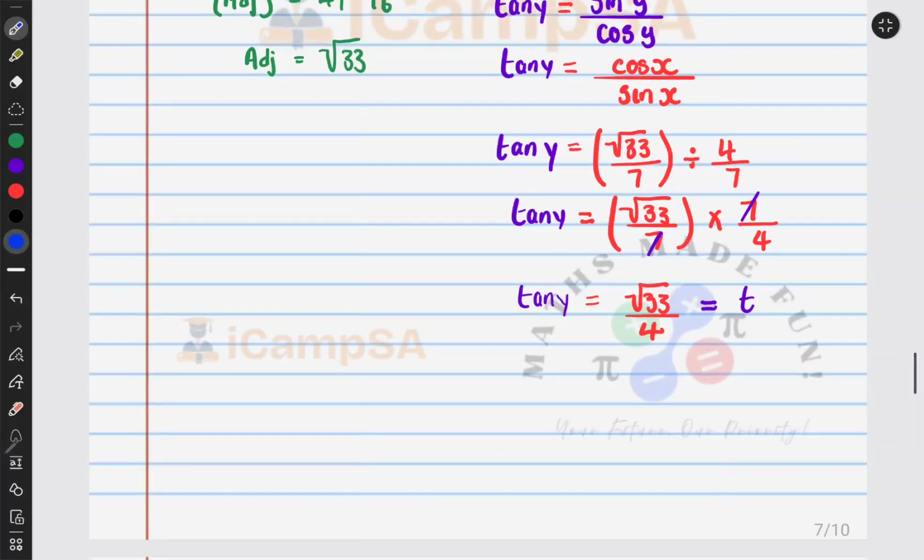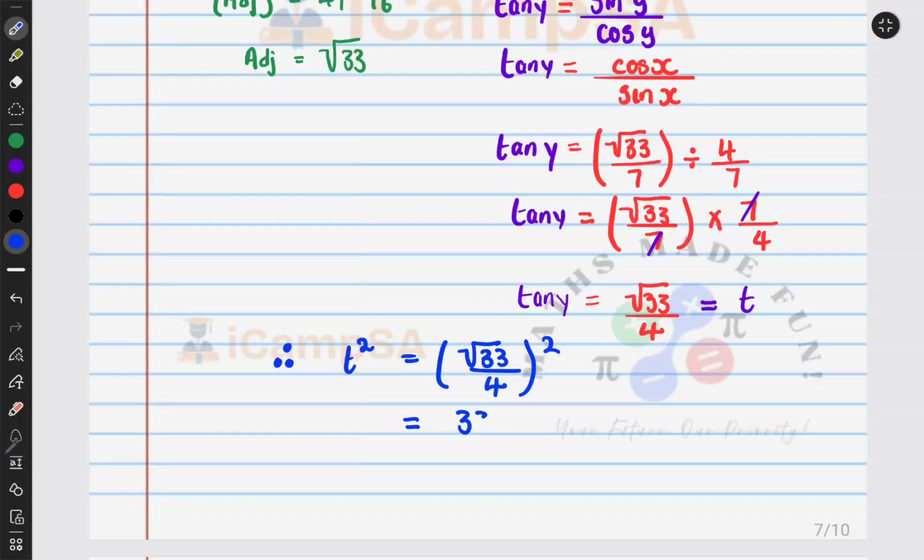Therefore, t squared is equal to what? Root 33 over 4, squared, because t is equal to root 33 over 4. So what is root 33 squared?